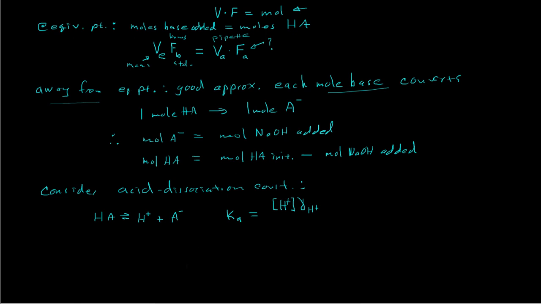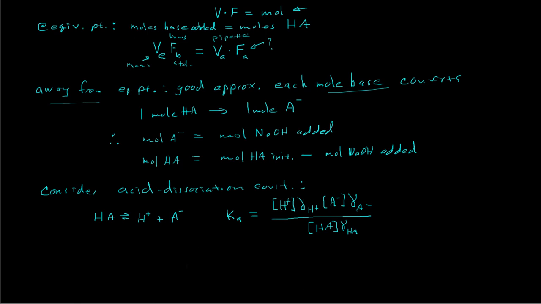Then we're going to multiply that by the activity of A minus, which is just the molarity of A minus times the activity coefficient for A minus. It's products over reactants still, so our reactant is HA, so we need the molarity of HA times the activity coefficient for HA. All right, so we'll write the general expression this way.